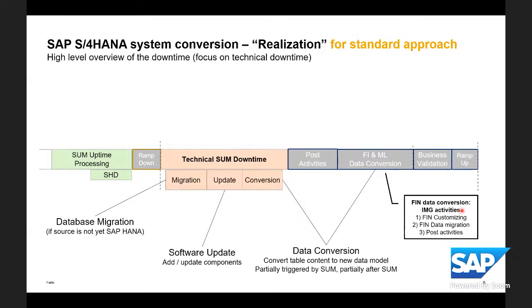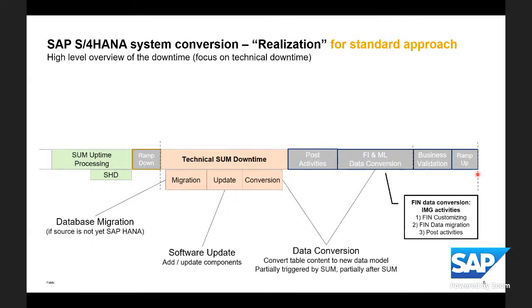So the experts start the IMG, the implementation guide. They do the fin customizing. In this intermediate step, the fin customizing for SAP S/4HANA can be executed as a preparation for the actual data migration then, and some post activities. So these are a list of activities to be executed, and then business validation and ramp up. Then the system is a real full SAP S/4HANA system and available for end users.